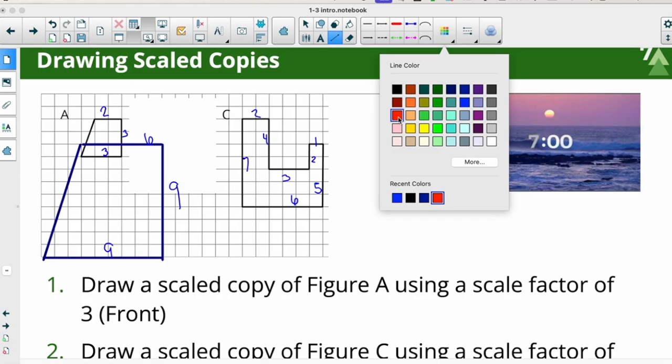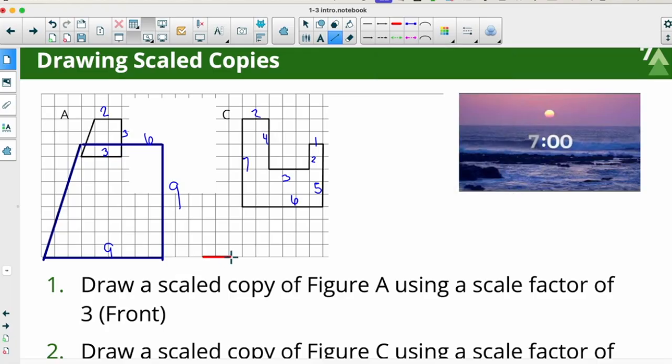And so half of 6 is 3. Half of 7 is 3.5. Half of 2 is 1. Half of 4 is 2. This gets a little trickier.